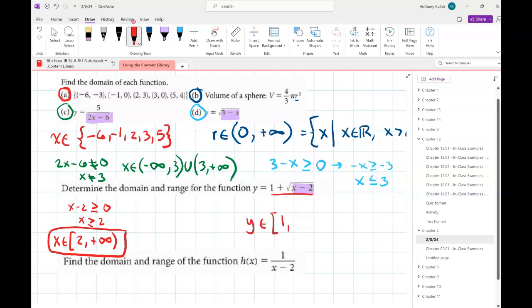And because the x value is defined at 2, the y value should be defined at 1 also, right? The bracket for the domain should match up with the bracket on the range. And I'm done. Is that okay?